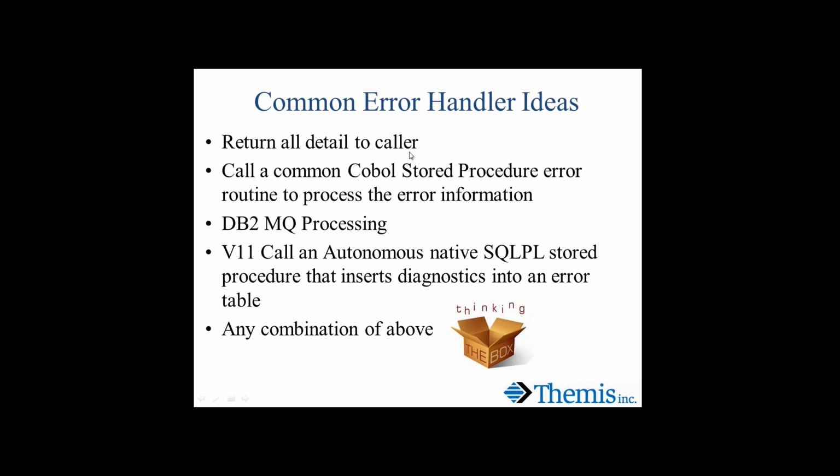For those common error handlers, you have to decide how much detail you are going to return to the caller. And it depends on the caller. If this is really a front-end process, you don't want to send too much unnecessary detail. They usually want to know minimal, just the things they can respond to.